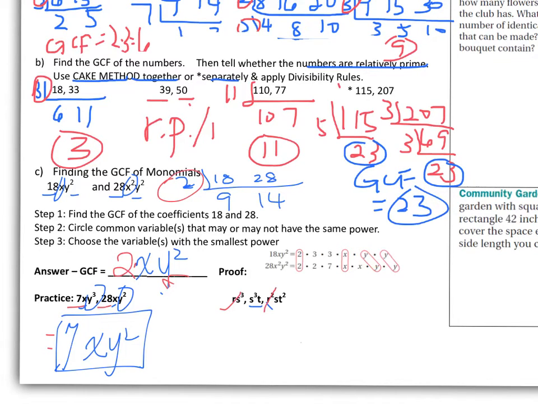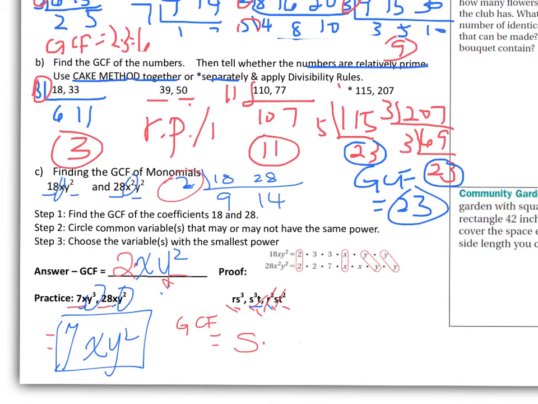Now we have s cubed and s, and we want the smaller power. So s. And then we have t squared and t, but the first monomial does not have a t, so we need to take the t out. So that's where we're left with s.